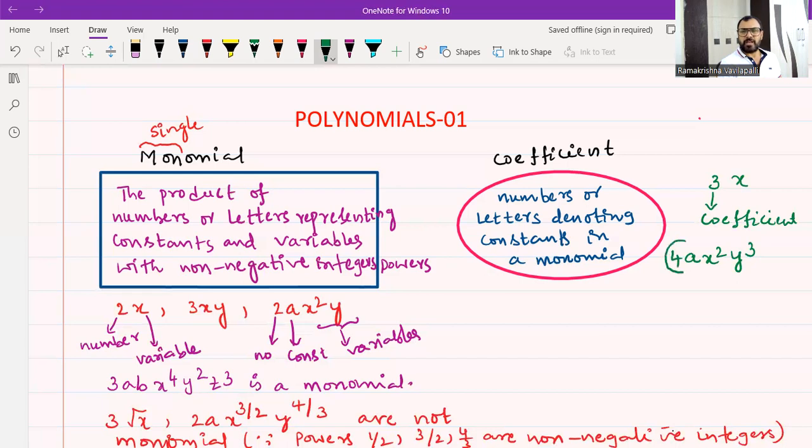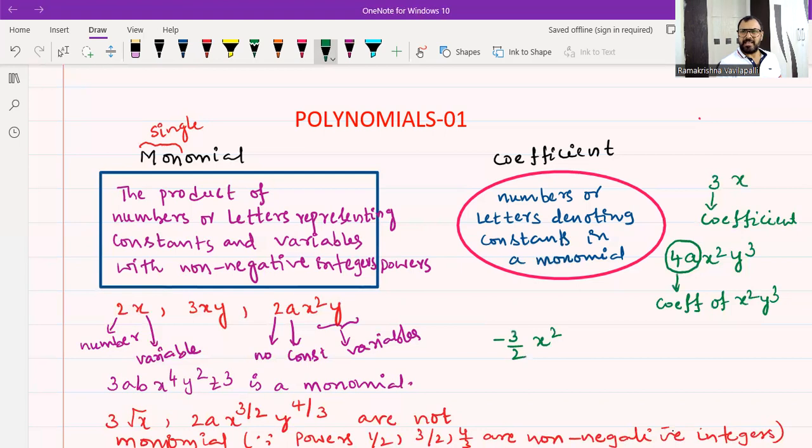Say this is totally constant, right? If this is constant, then it is known as a coefficient. Coefficient of x square y cube. Here 3 is the coefficient of x. Similarly, minus 3 by 2 x square.